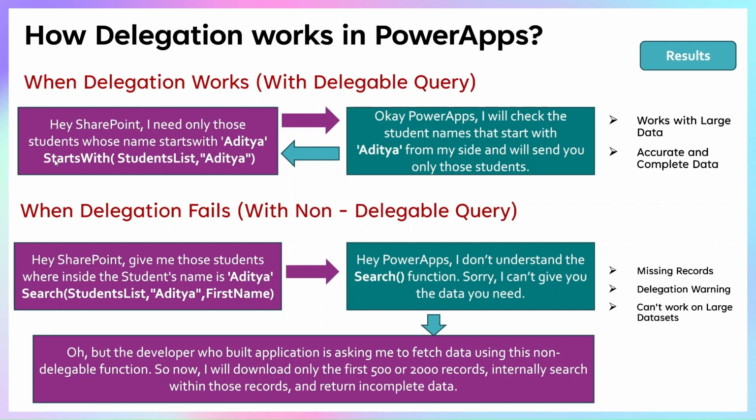Here we are using the StartsWith function, and the StartsWith function is a delegable function. So with this delegable function, SharePoint can understand. And SharePoint will reply, okay Power Apps, I will check the student names that start with Aditya from my side and will send you only those students.